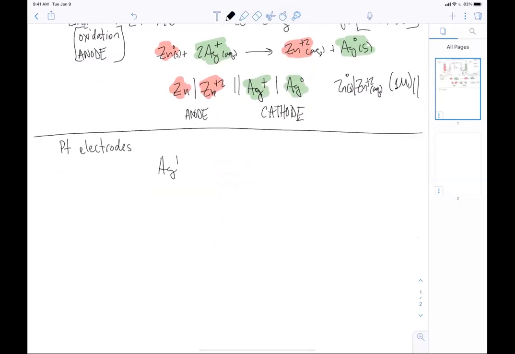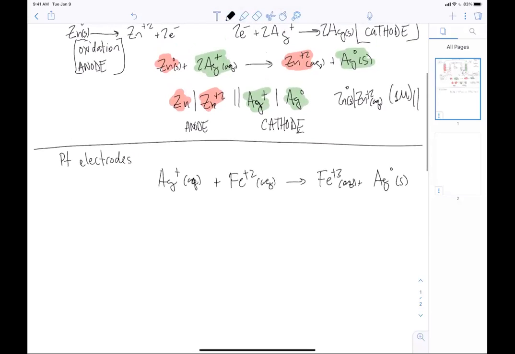So let's say I have this reaction where I'm looking at, so I've built an electrochemical cell. And I've got silver plus iron 2, and it's going to iron 3, which is aqueous, plus silver 0, which is a solid, which we've seen already.